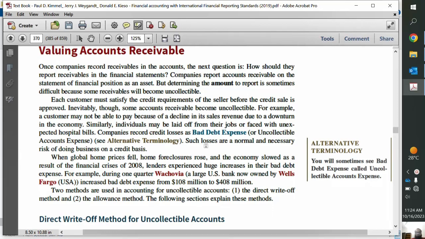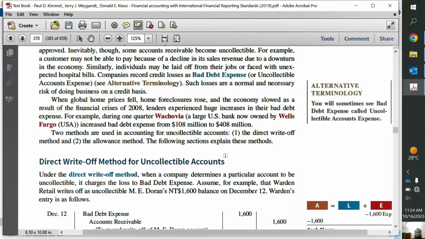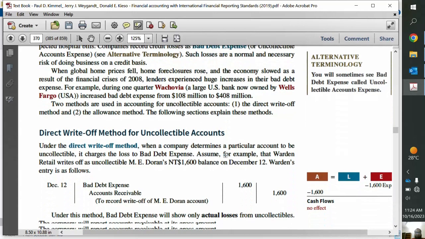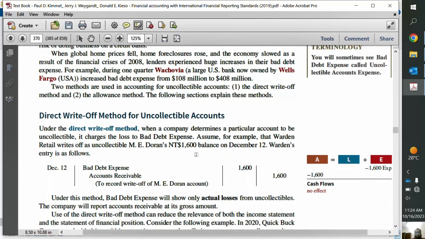Now, how to show the accounts receivable at the end of the reporting period in the balance sheet. The main problem to address at this point is whether we are going to collect all the accounts receivable shown on our balance or ledger accounts.